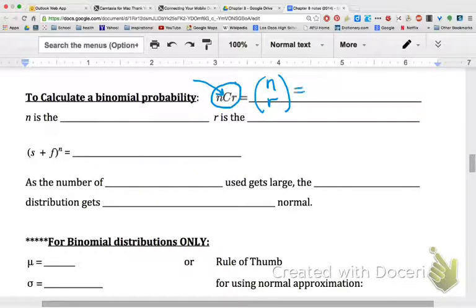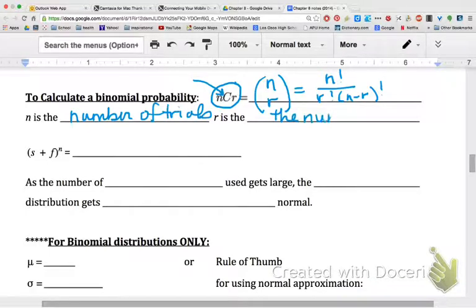And if you remember what it means, it's n factorial over r factorial times n minus r factorial. And of course, n is the number of trials, and r is the number of successes I'm looking for.